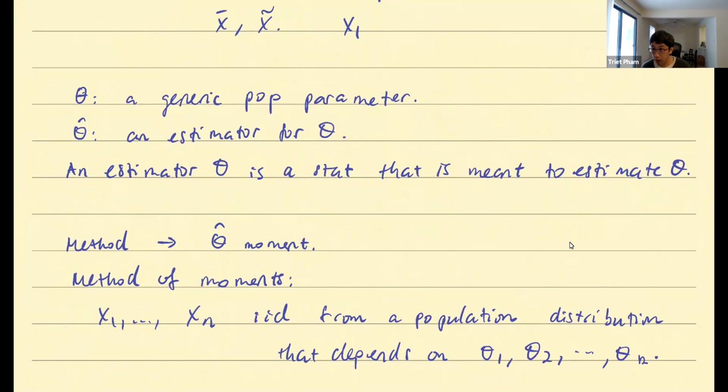What I'm saying here is the population depends on more than one unknown parameter. That's a general case because you never know what kind of crazy distribution you're dealing with.